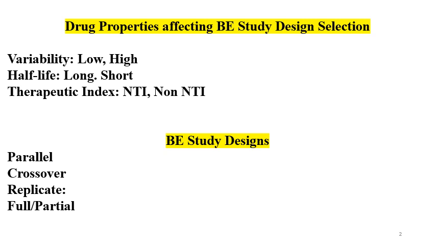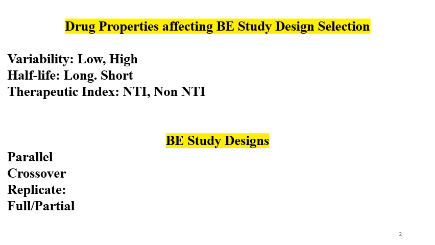Variability for the drug molecules may be low or high. Another one is half-life. Half-life may be long or short. Another is therapeutic index. Drug may have a non-NTI therapeutic index, or it may have a narrow therapeutic index.